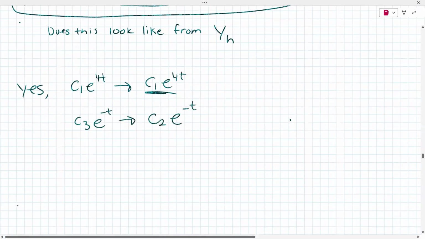Okay, so step 5, take the appropriate derivative and plug it into the differential equation.